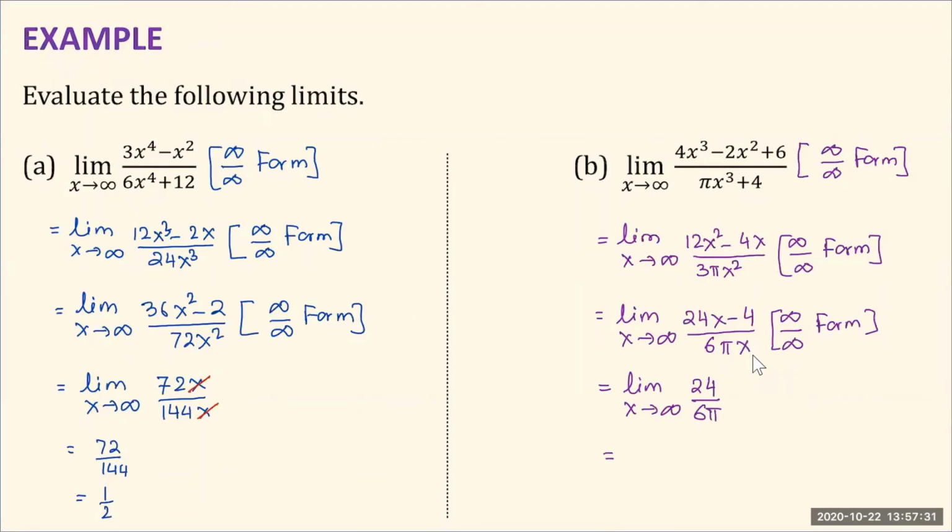So we don't have any x there. So all we have to do is, the derivative of the constant is just that constant, which is 24 over 6 pi, and 6 goes into 24 4 times. So it will be 4 over pi. So the limit of the quantity given here in part B is 4 over pi using L'Hopital's rule.